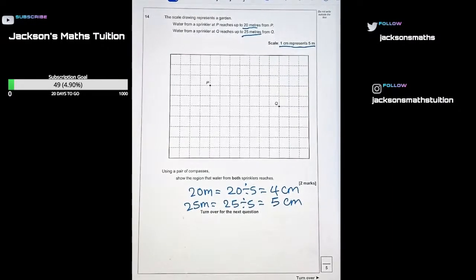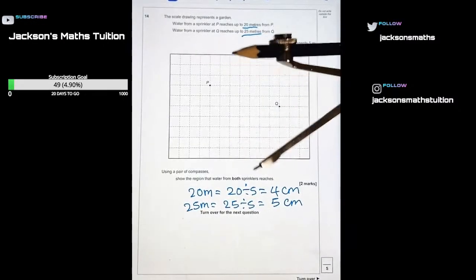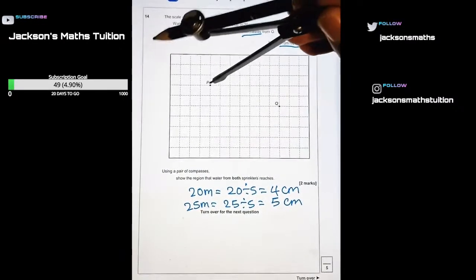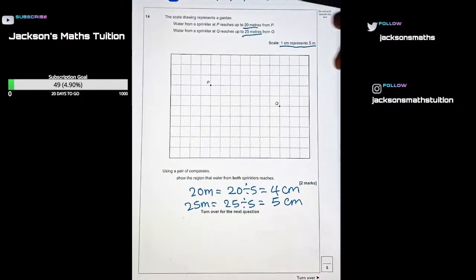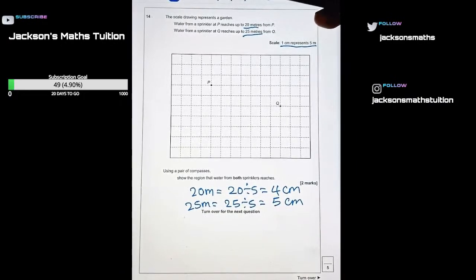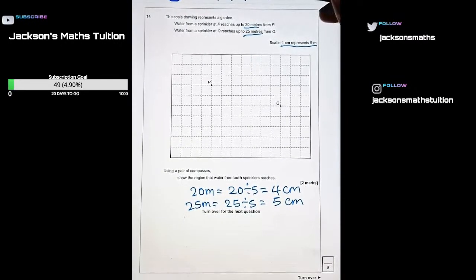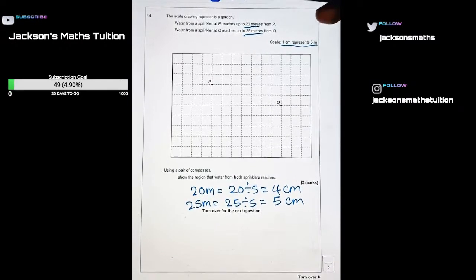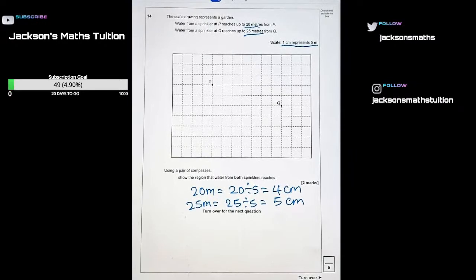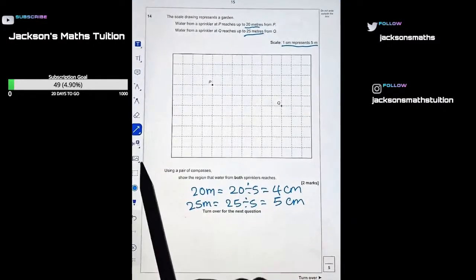So at P, when the compass is open to 4 centimeters, you're going to put the compass at P and draw a circle. All right, let me use the shape function. And I can input. Let's see. Put it over here. Put it on the side.